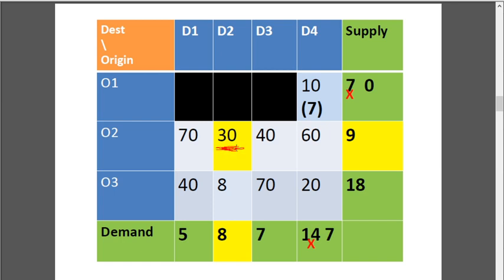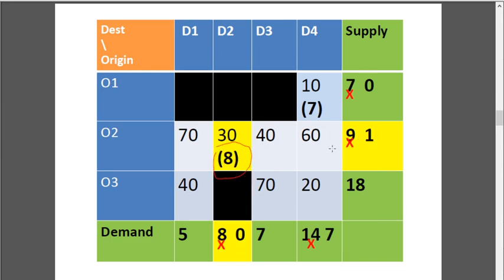So from 9 I should give a supply of 8 units for this destination, which is possible, so you can allocate that. So allocate 8 units, so 9 minus 8, the remaining supply will be 1, and for that destination the demand becomes 0. Since it is 0, you can delete the remaining cell in that column. So now the first row and the second row are processed.